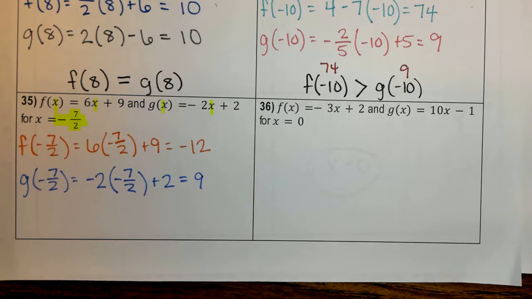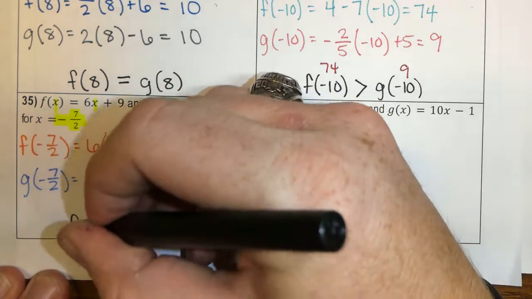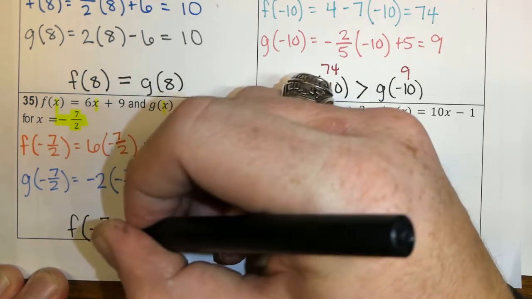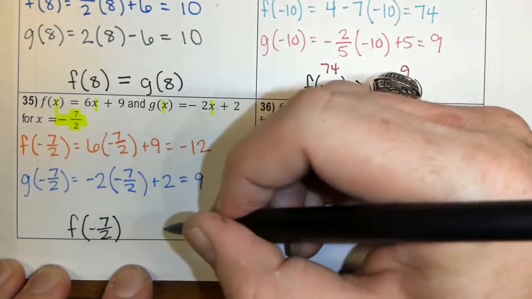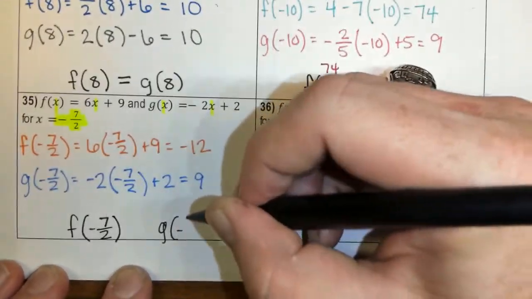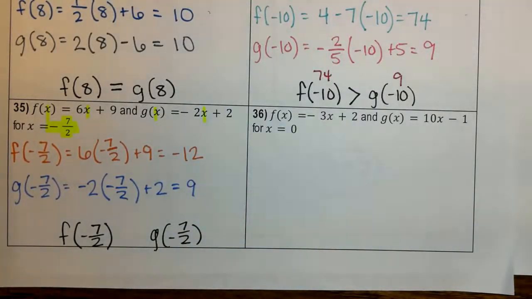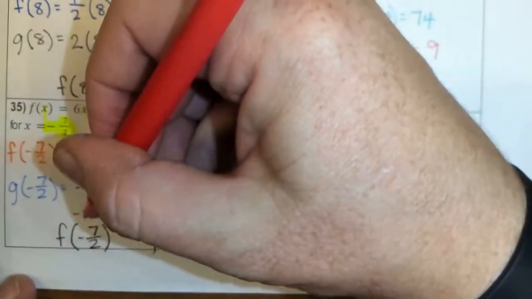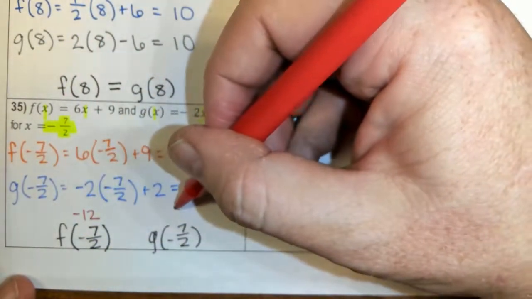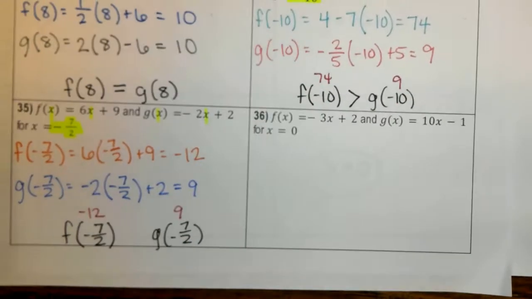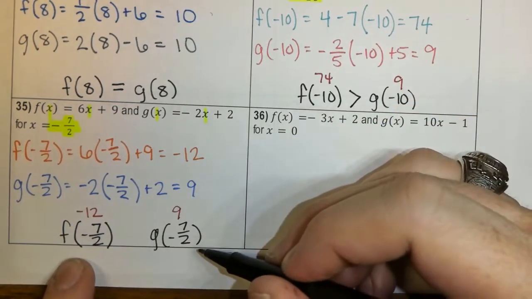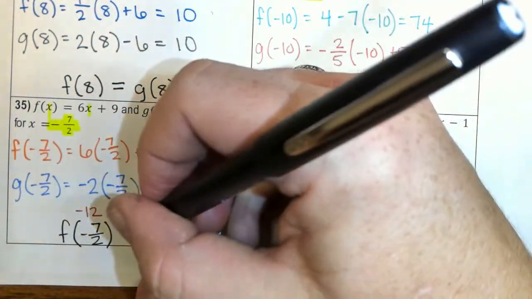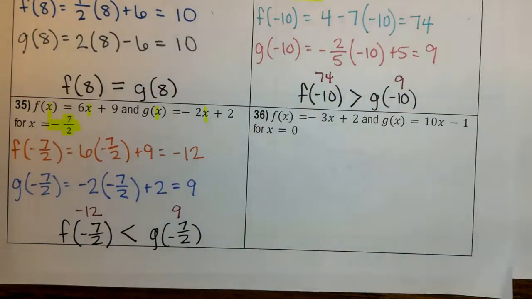Okay, so my answer, I'm going to do f of -7 over 2 space and then g of -7 over 2. And my answers above. So f was -12, g was 9, and now it's easier to compare. So 9 is bigger, so g is greater than f, and that's it.